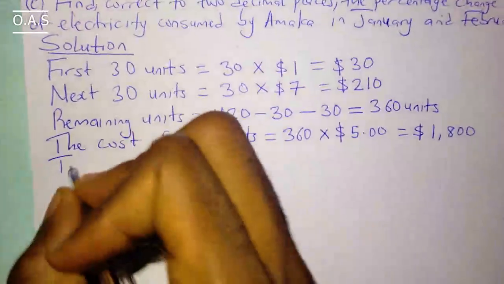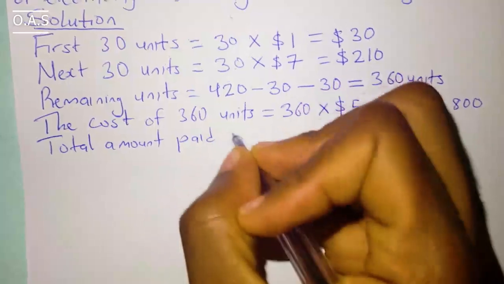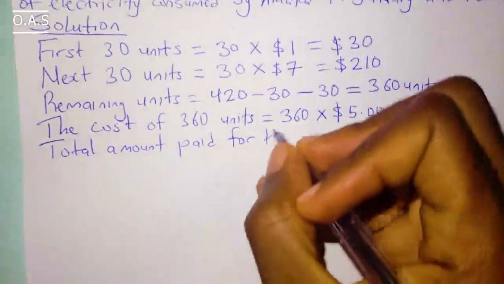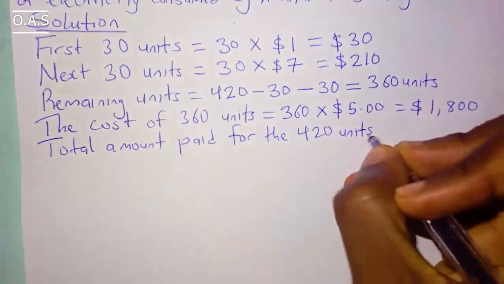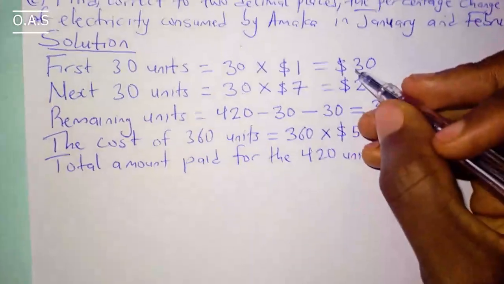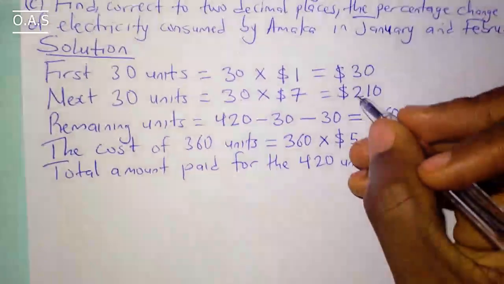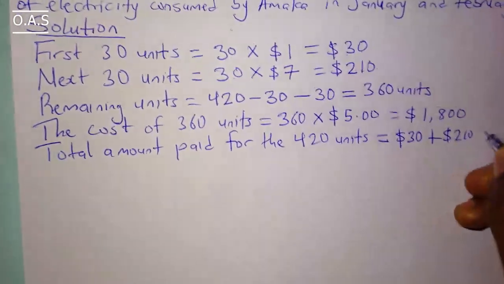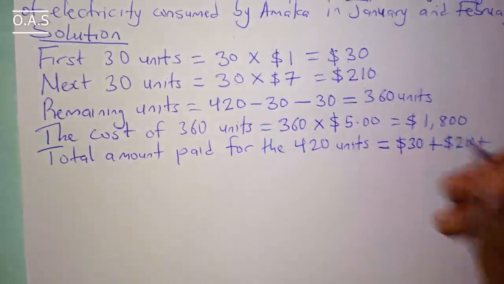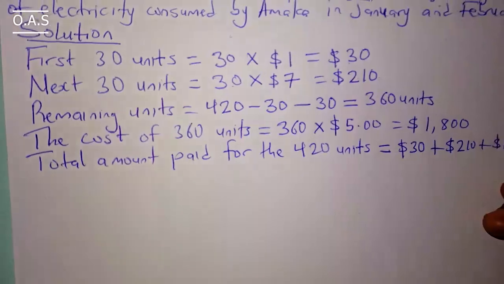So the total amount paid for the 420 units would then be equal to the cost of the first 30 units, which is $30, plus the cost of the next 30 units, which is $210, plus the cost of the last 360 units, which is $1,800.